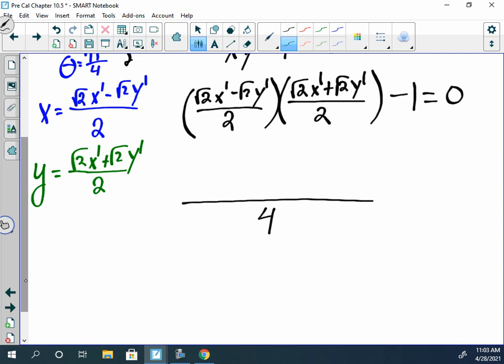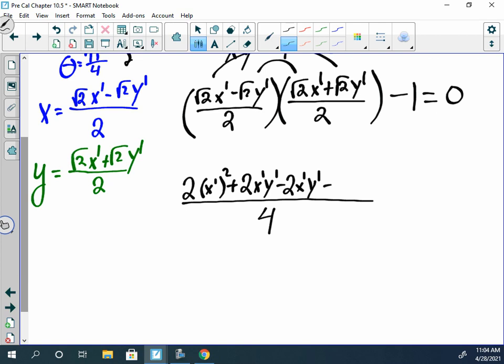So square root of 2 x prime times square root of 2 x prime, well, square root of 2 times square root of 2 is 2, and we have x prime squared. And then we would have, well, minus 2 x prime y prime, going from here to here. Now, if we do the middle one, this would be plus, positive and positive. The next one would be our negative.